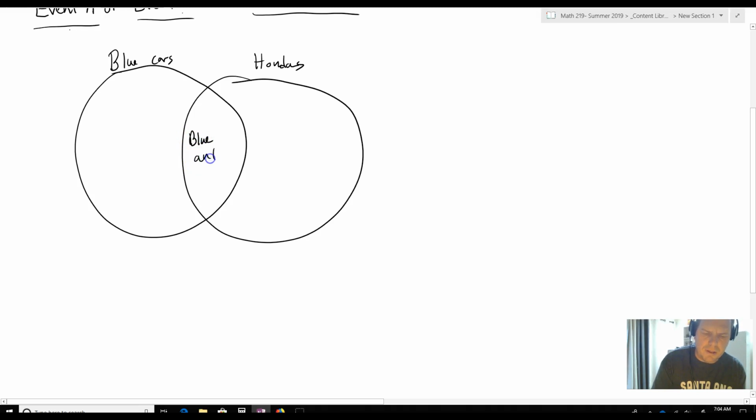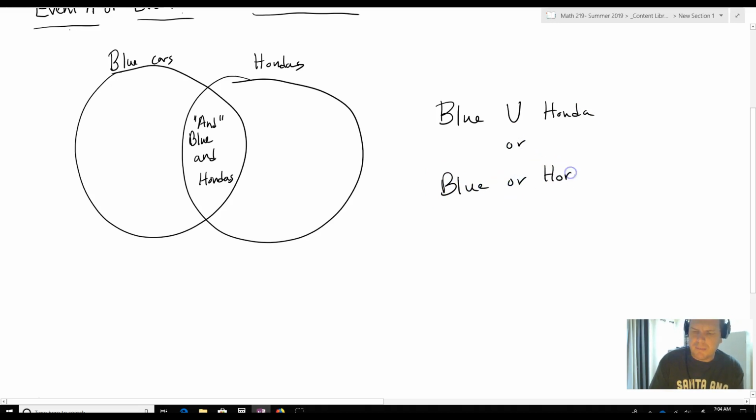So all of our blue Hondas. That's in the intersection. So that's in the AND, if you want to think about it that way. In our union now, what about blue union Honda or blue or Honda? Which actually mean the same thing.